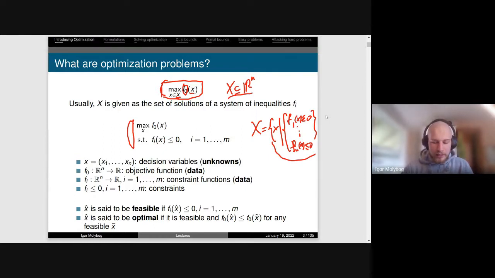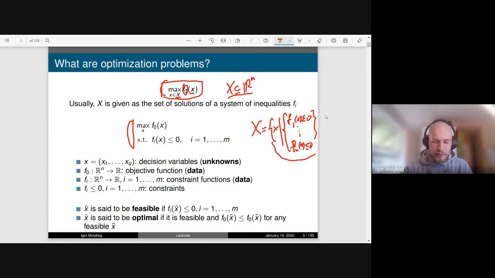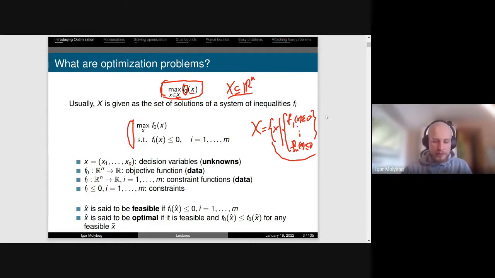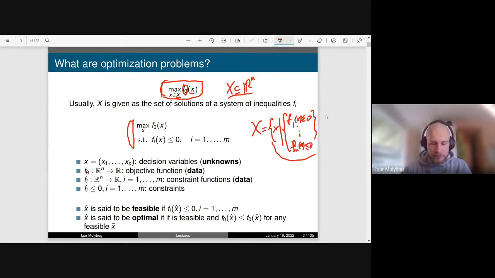We are referring to the vector x as the decision variables or the unknowns, x1 through xn. The particular components of this vector are the particular decision variables. f0 is the objective function, which is given to us through the data. This is part of the information that defines the problem.